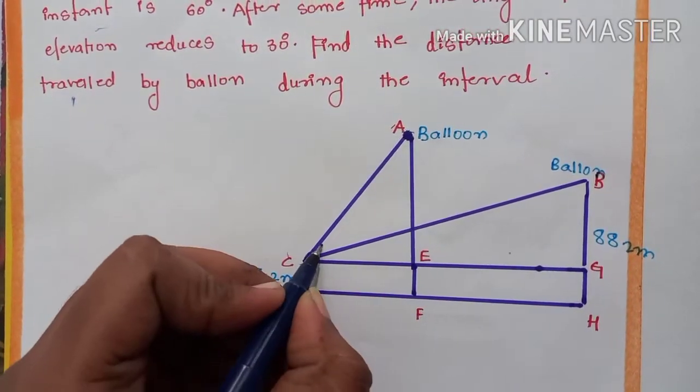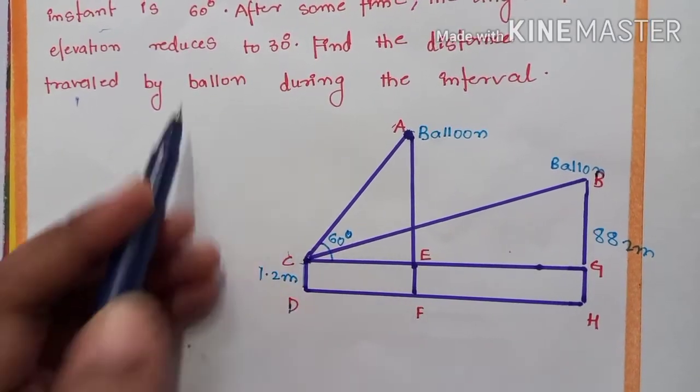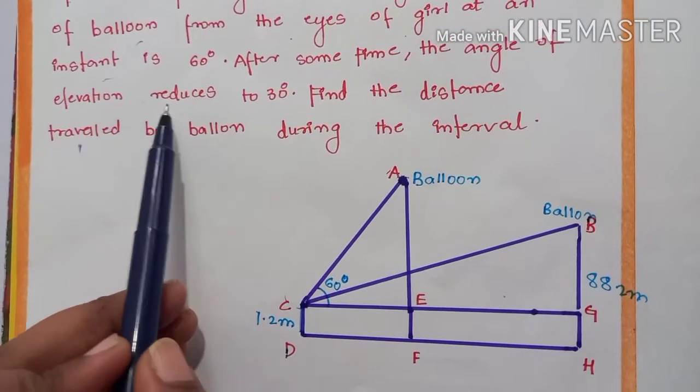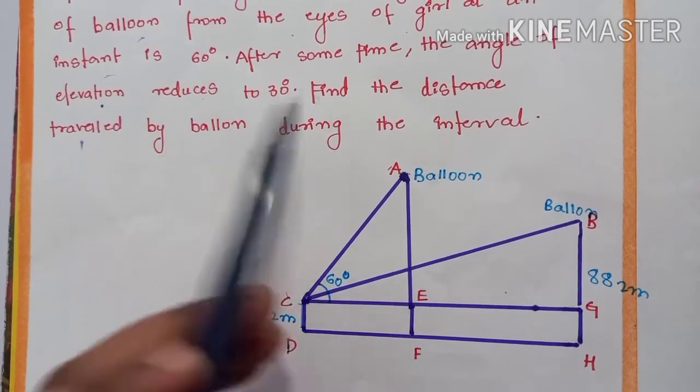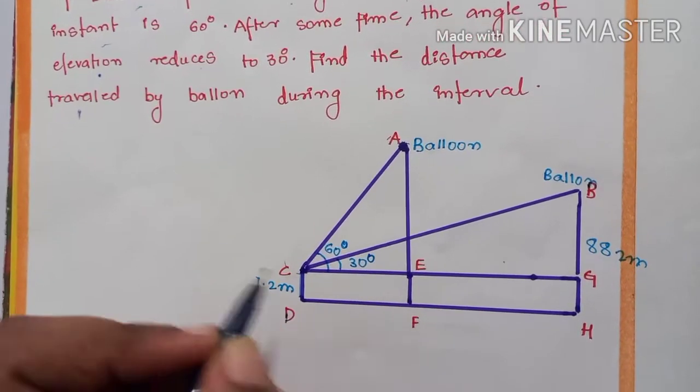So here we are getting 60 degrees, and after some time the angle of elevation reduces to 30. So here it becomes 30 degrees. Now this is the basic idea of the question.